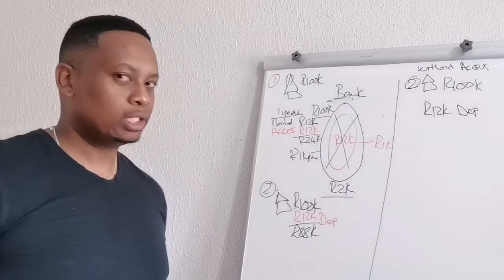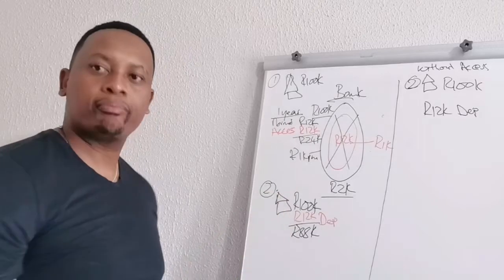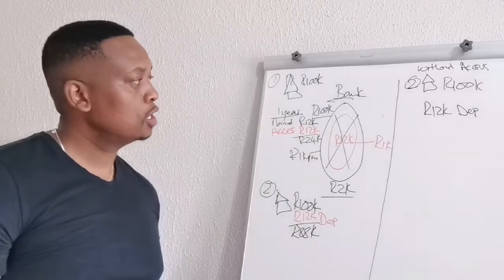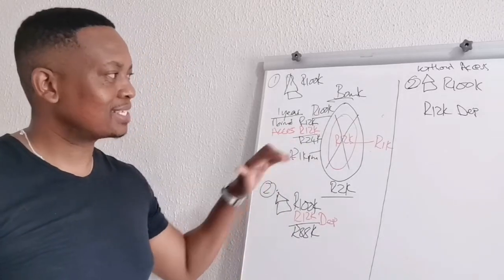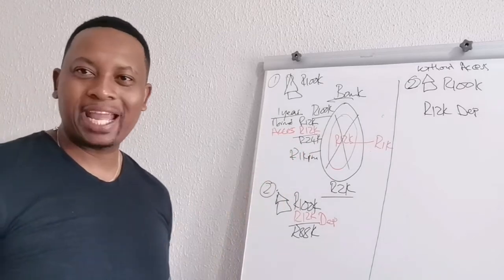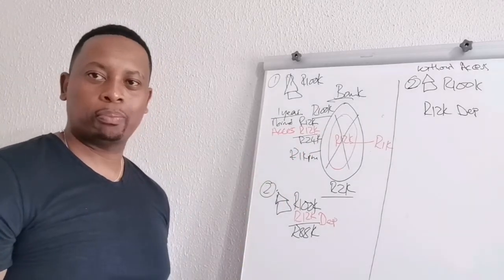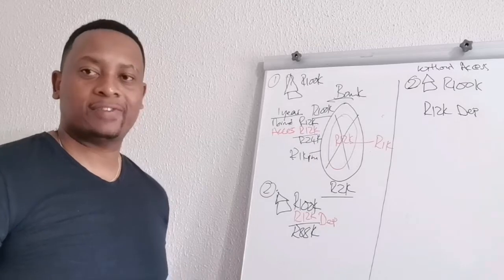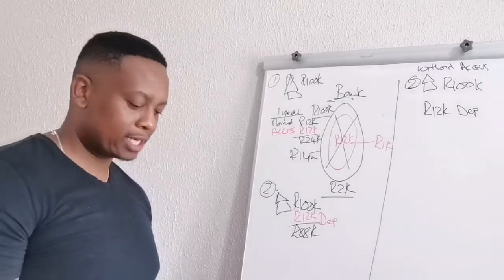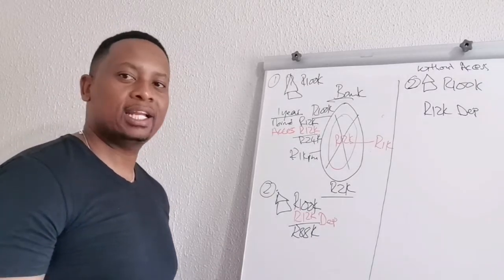Right. But now Gavin knows that, no, I have money in my first bond, right? So if now Gavin wants to access the 12,000 that he's been paying additional to what he is supposed to pay, and there is no access facility, Gavin will then be required to refinance that additional amount.